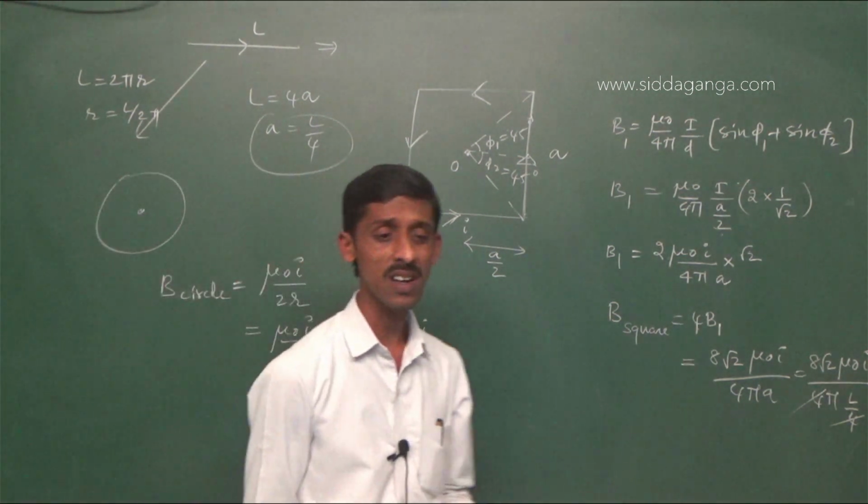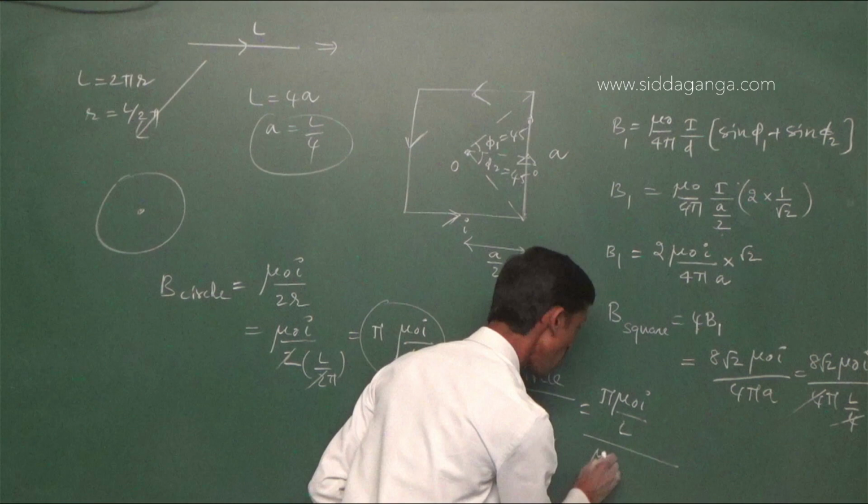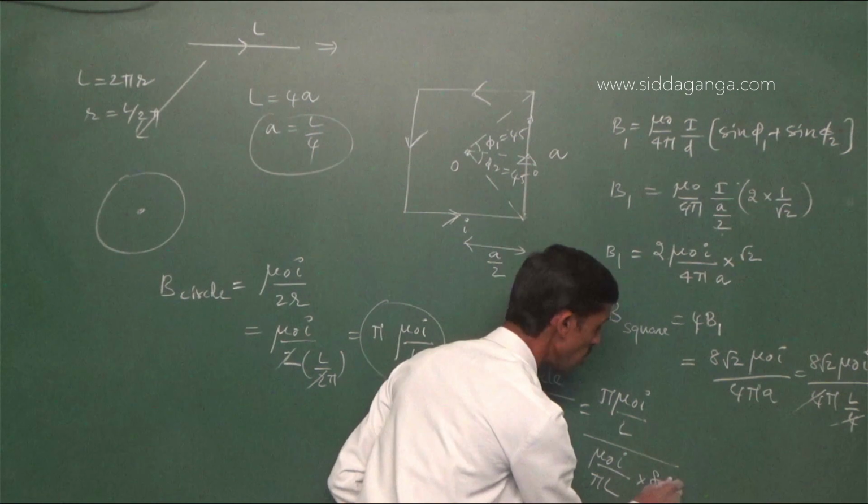So now come to the question. The ratio of magnetic field at the center of a current carrying circular wire and the magnetic field at the center of the square coil. So the question is the ratio of magnetic field at the center of the circular coil to the square coil. Due to the circular coil it is pi mu naught I by L. Due to the square coil it is mu naught I by pi into L into 8 root 2.